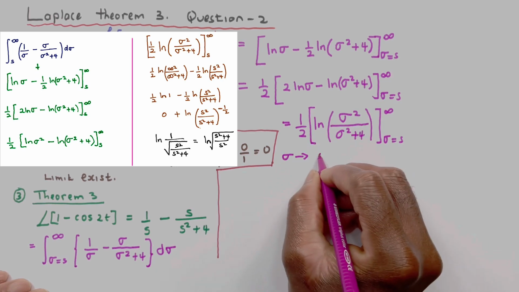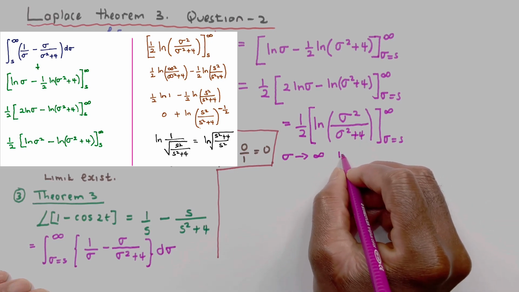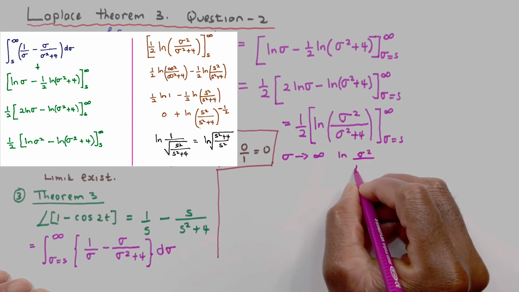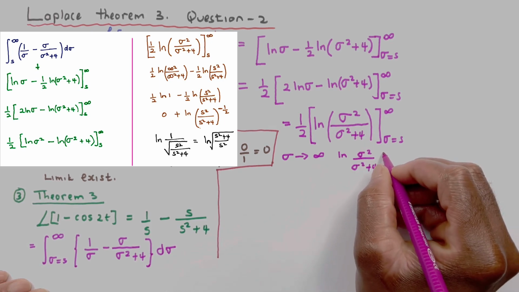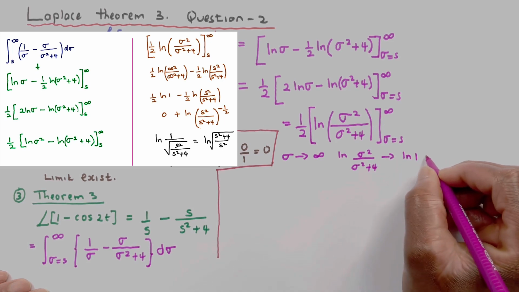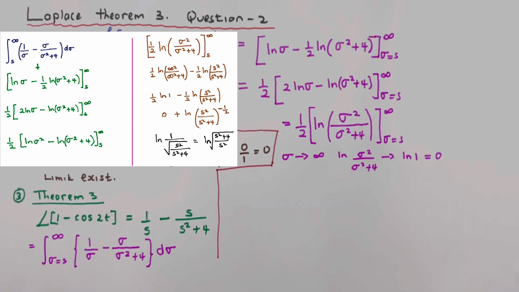And then if sigma tends to infinity, then ln sigma squared over sigma squared plus 4 would tend to ln 1, which is 0. You can see I've done it on the left top.